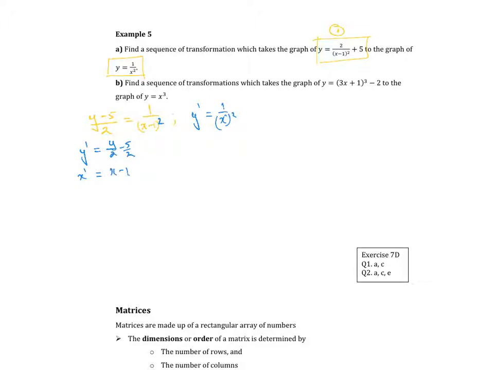So as it turns out, I've already got my x dash and y dash, haven't I? So let's go in this section. So I can say then that the point (x dash, y dash) becomes (x minus 1, y on 2 minus 5 on 2). Okay, and again, I could have left it in this form here, couldn't I?